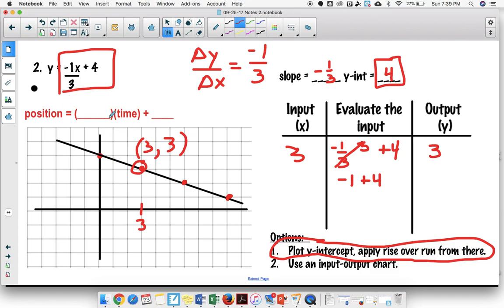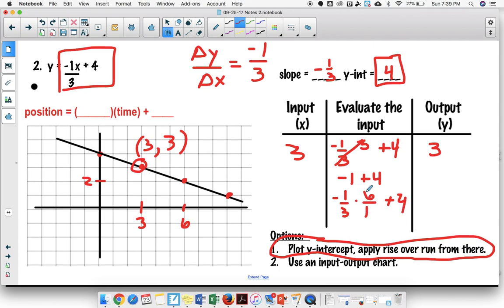Okay, so let's check one more point just to make sure. Let's see an input of 6. According to this, an input of 6 should have an output of 2. So let's see if that works. So negative 1/3 times 6, my input, plus 4. I'm going to put that 6 over 1 and then just simplify.